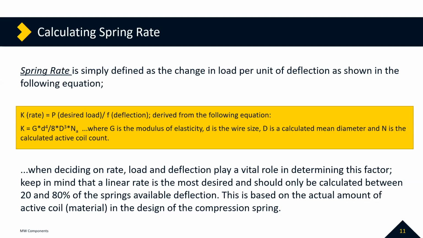And on the back side of that design, you'd also like to stay away from coil bind or solid height. So you need to have your second load, if desired, before that occurs, basically right around 80% of the total deflection. This will potentially give you that linear curve that you're looking for.